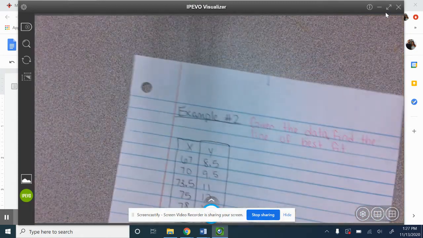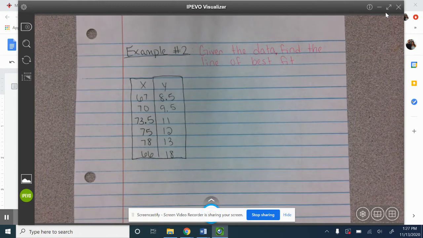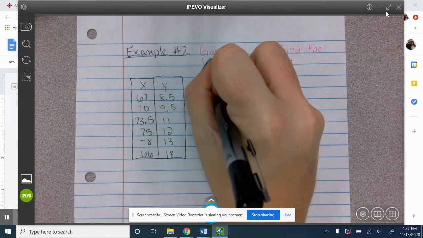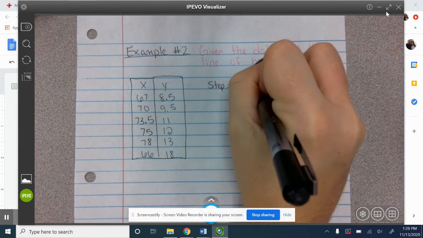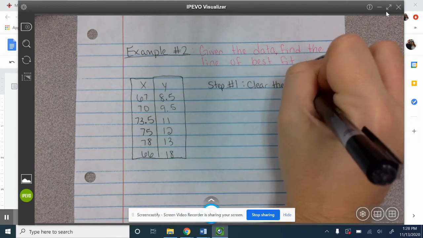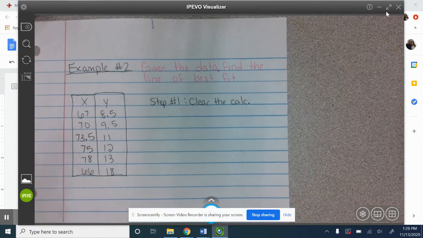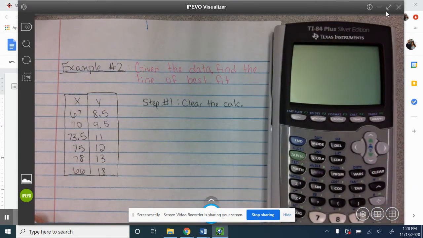So example 2, we're going to have a table. Given the data, find the line of best fit. This time, instead of doing it by hand, we're going to use the calculator. So step 1 is going to be to clear the calculator, just to make sure that everything that's been in there before is not going to mess us up.